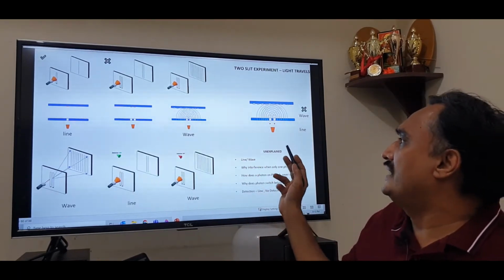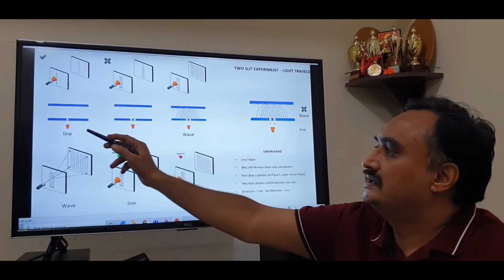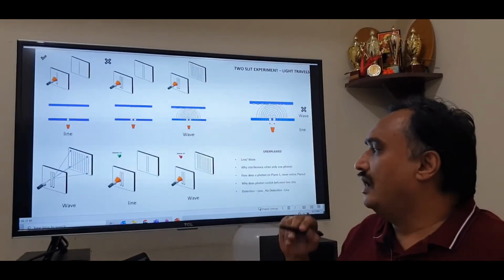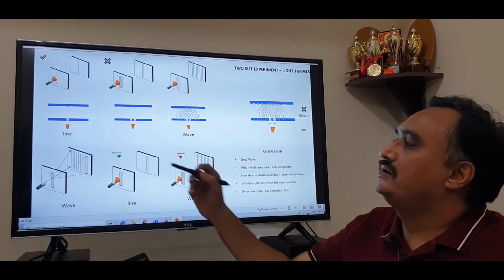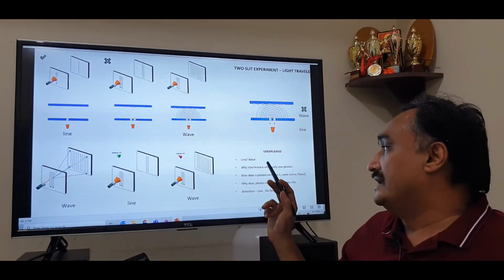So the basic unexplained part is that sometimes light is traveling like a line or as a wave. How would light know whether there is one slit or two slits? It is unexplained.